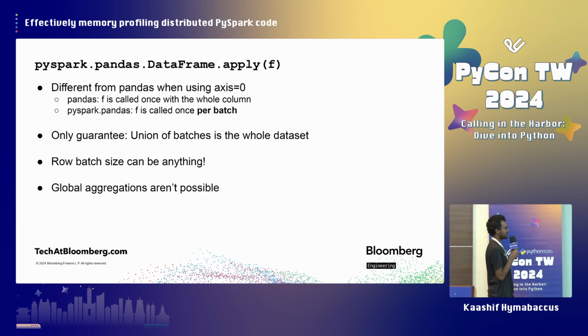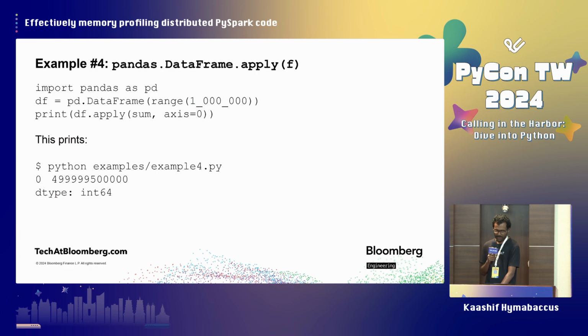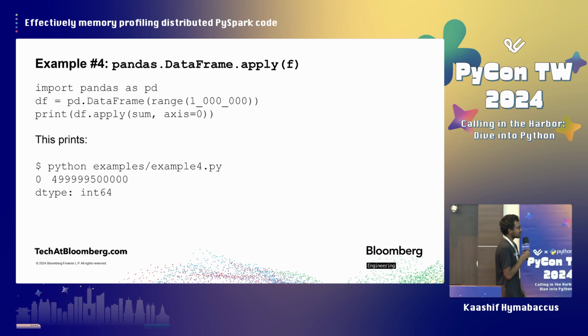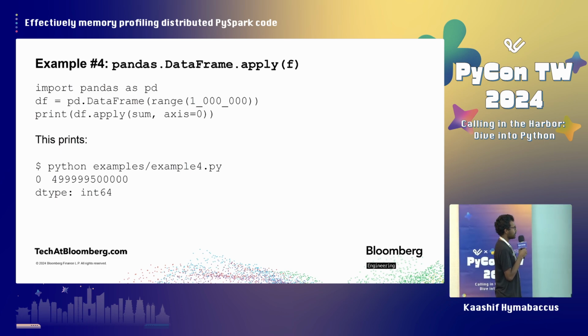So with that find and replace, the happy path is really where you notice that you did something wrong, but the unhappy path is where you have code like this. This is pandas code, which works perfectly well. You're just summing up the whole column, and it works fine.